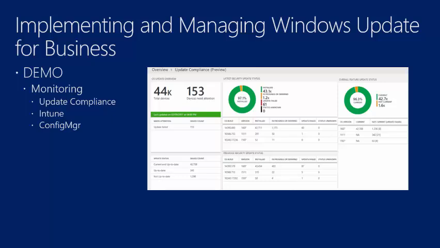And so you might use something like Update Compliance on those systems just to get the readout and so forth. So that's implementing and managing Windows Update for Business, kind of standalone.